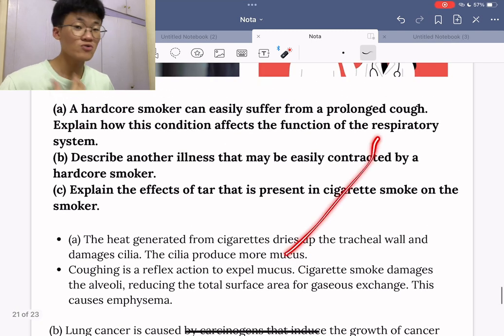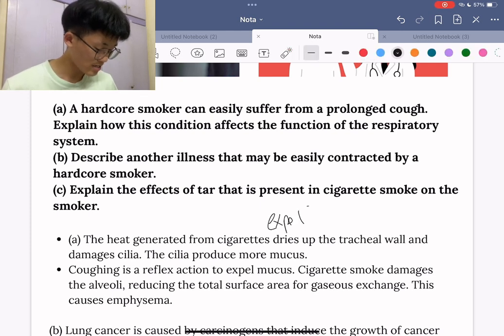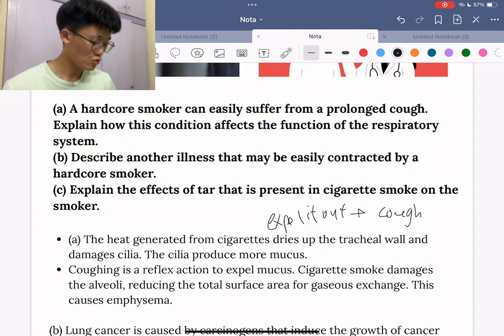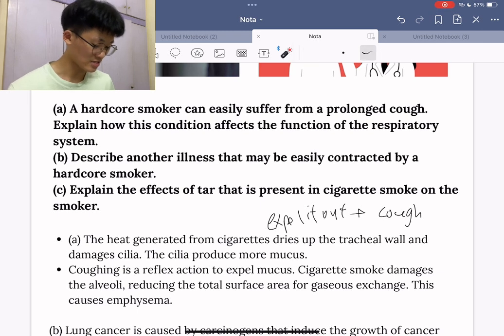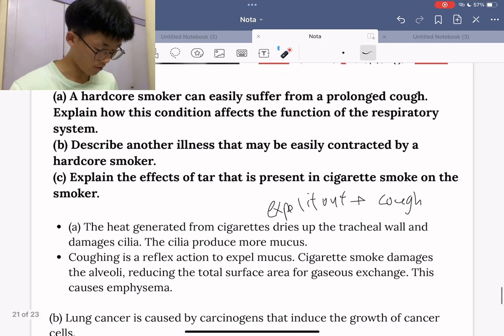When you have more mucus, you automatically want to expel it out. So what is the method for you? Coughing. You can only cough to expel more mucus. So this is accurate, because the heat will damage the cilia. When the cilia are damaged, more mucus is formed.